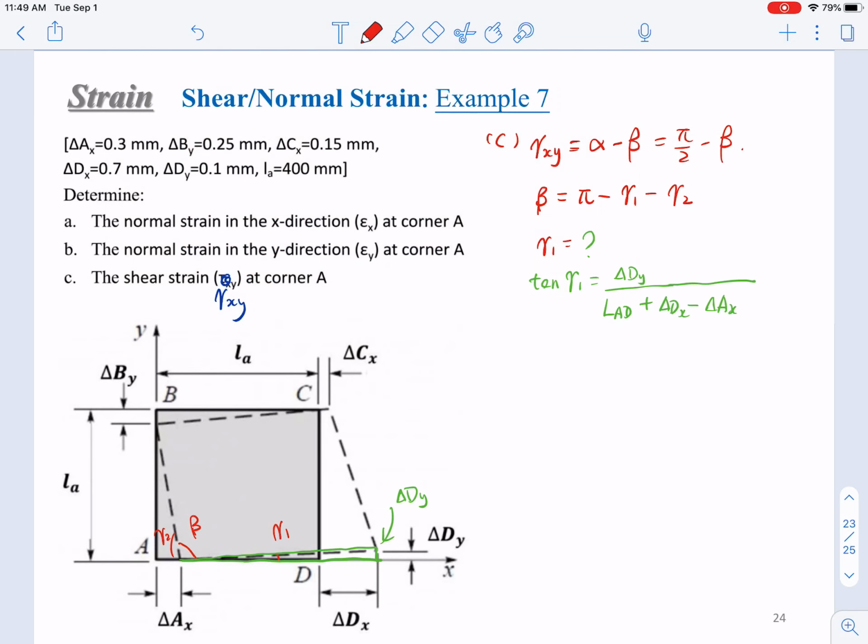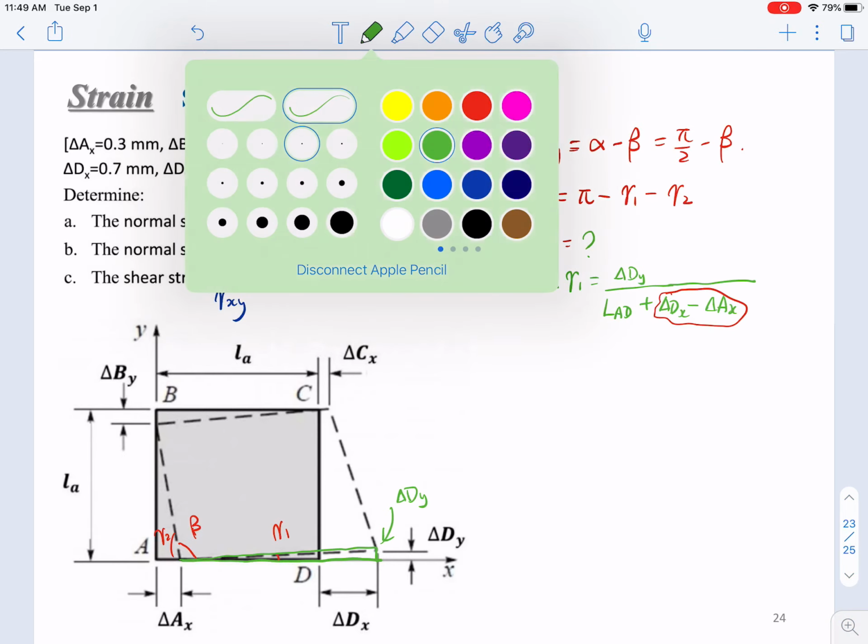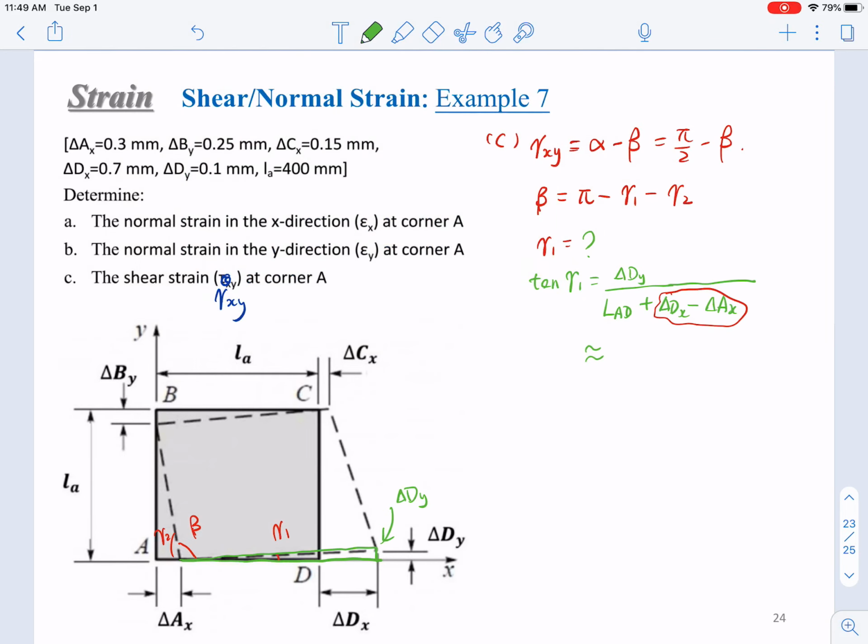We can see that this part is very small, so we can ignore it. Basically, this approximately equals delta DY, which is 0.1, over LAD, which is just LA, 400.